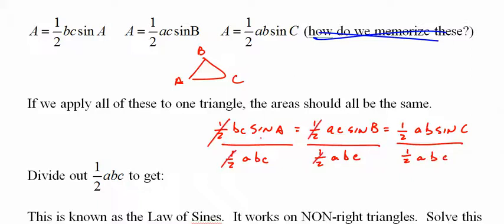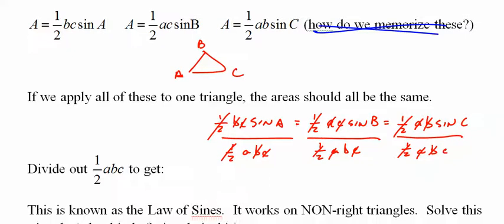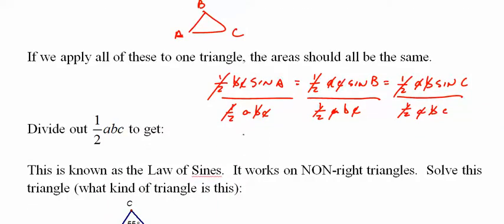Halves are all gone. Some of the letters are gone. Notice what you get. Sine of A over A equals sine of B over B equals sine of C over C.